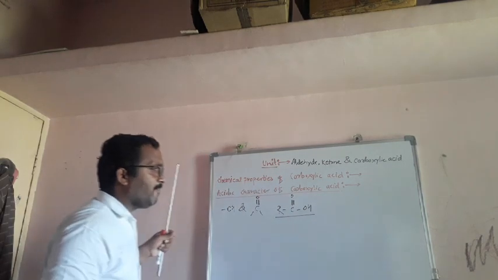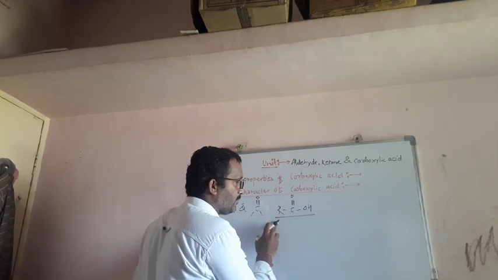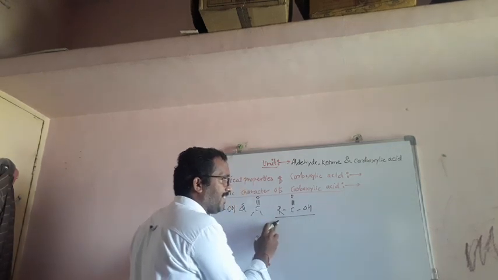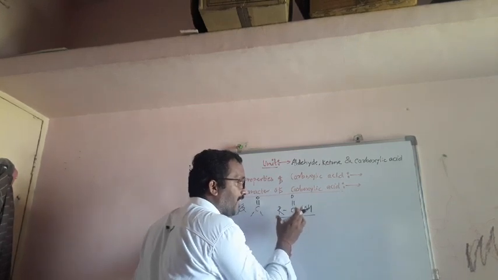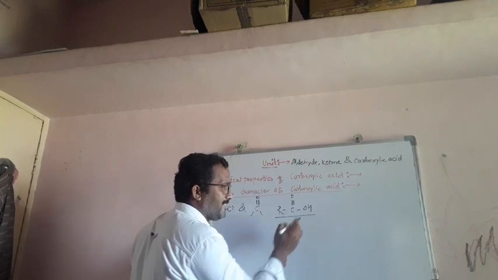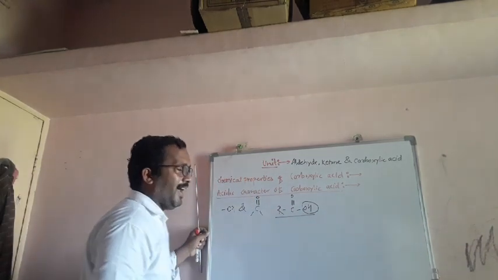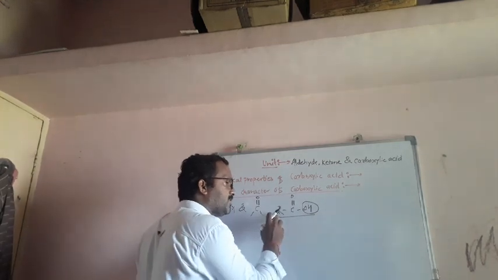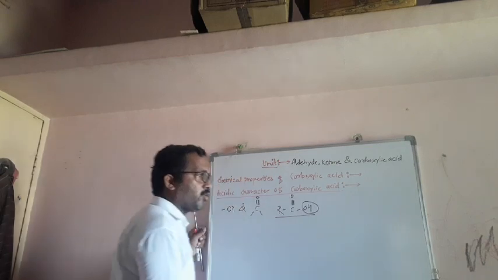This is the functional group of the carboxylic acid, and the strength of the carboxylic acid depends upon this hydroxyl group as well as on the alkyl group which is attached to this carbonyl group.